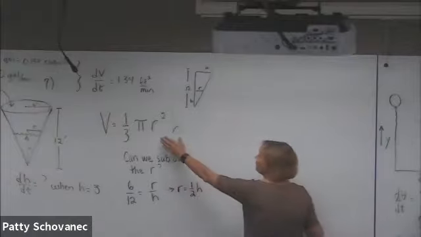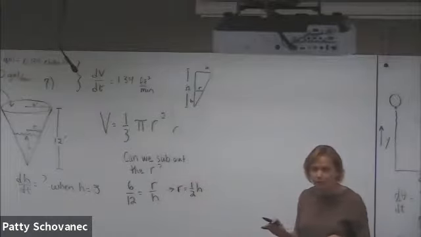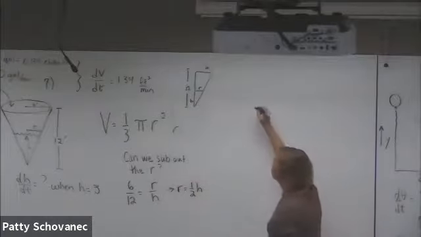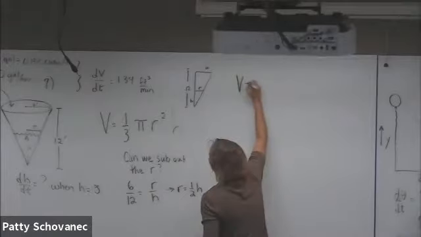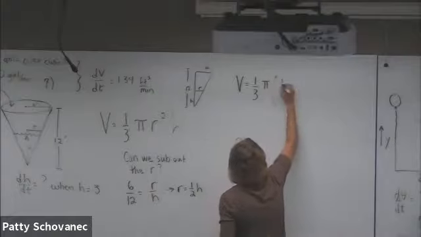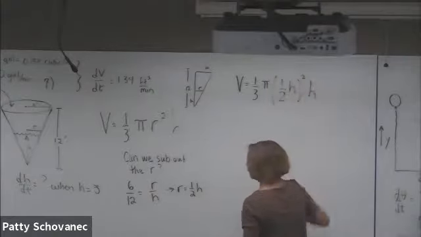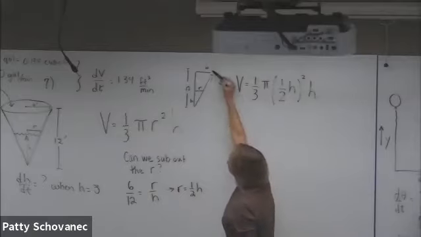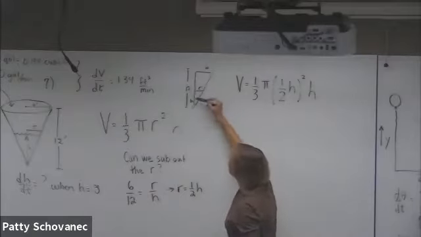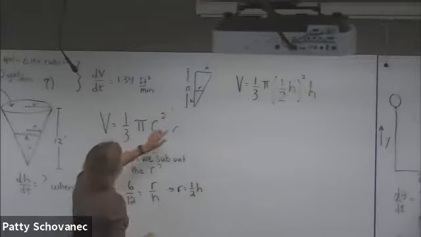So I'm going to go back and rewrite this formula without the r. Put in 1/2 h where the r is. Why is it 6/12 of r over h? Radius is to height as radius is to height. Similar triangles. Dimensions of the liquid, dimensions of the cone.